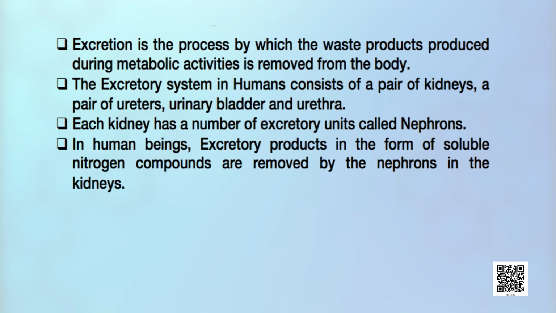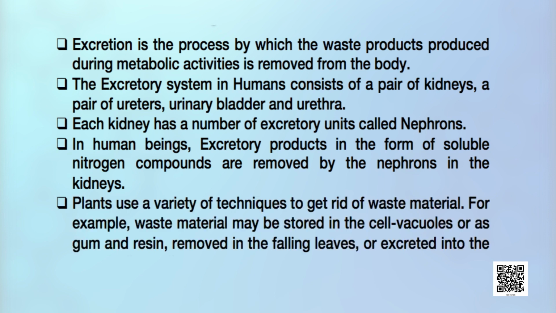In human beings, excretory products in the form of soluble nitrogen compounds are removed by the nephrons in the kidneys. We also learned that plants use a variety of techniques to get rid of waste material. For example, waste material may be stored in the cell vacuoles or as gum and resin removed in the falling leaves or excreted into the surrounding soil.